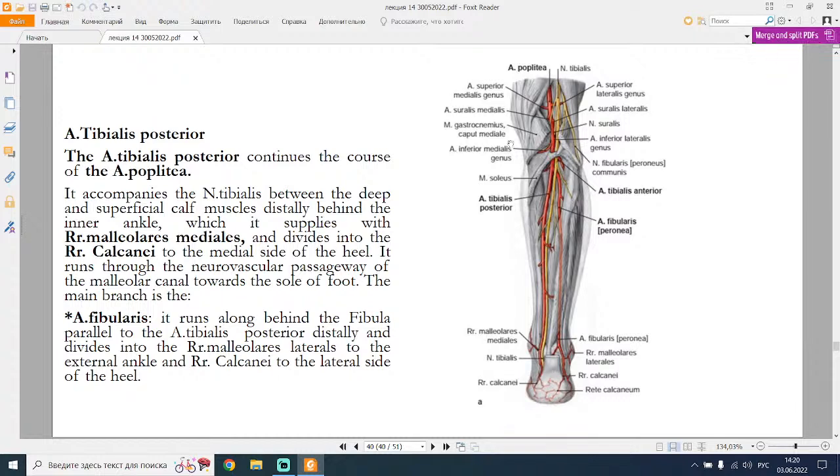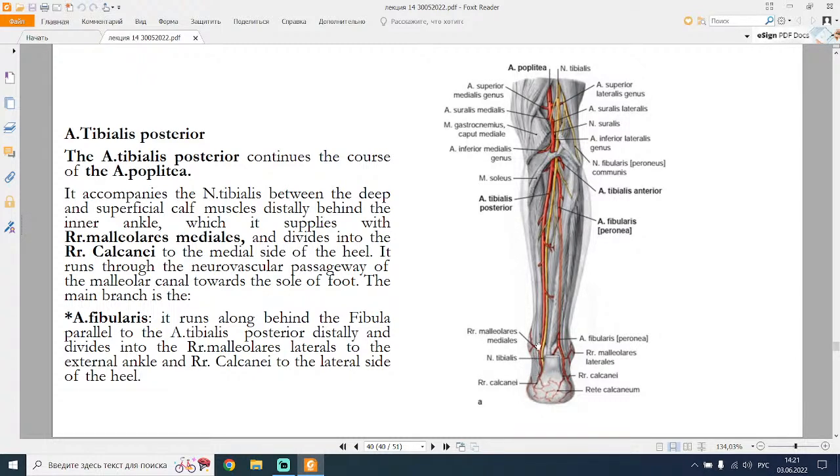It accompanies the nervus tibialis between the deep and superficial calf muscles distally behind the inner ankle, which it supplies with rami malleolares mediales, and divides into rami calcanei to the medial side of the heel.